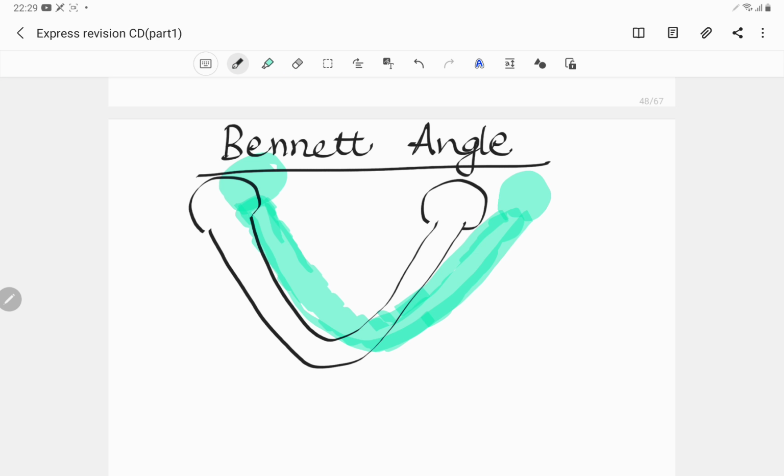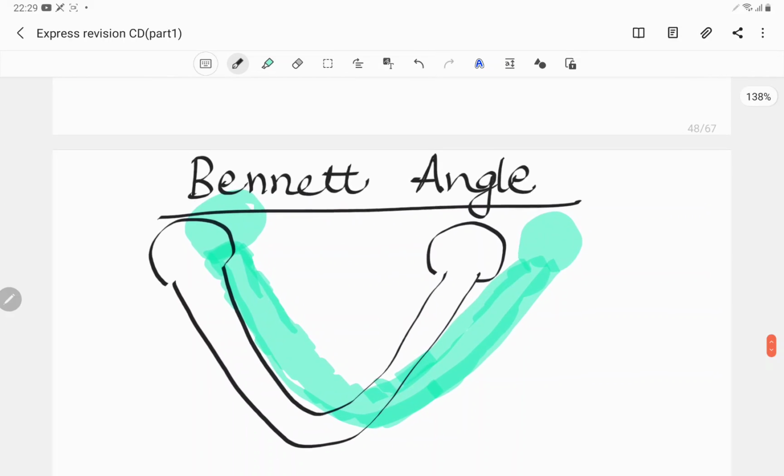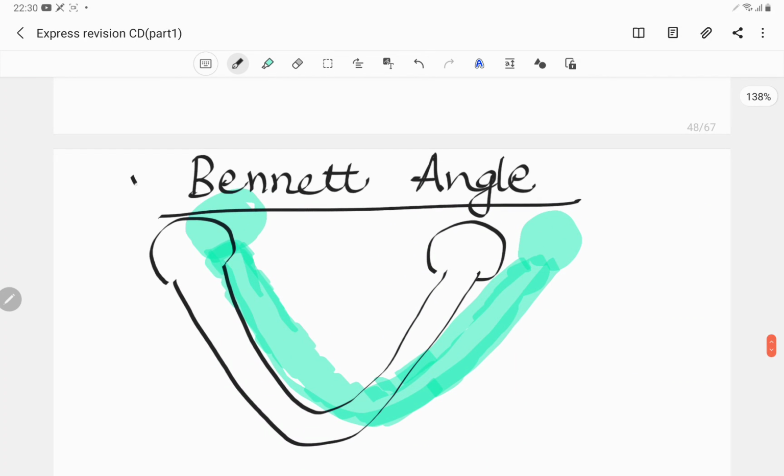So basically the Bennett angle is the angle measured from the sagittal plane. The angle measured from the sagittal plane of this and the sagittal plane of this.